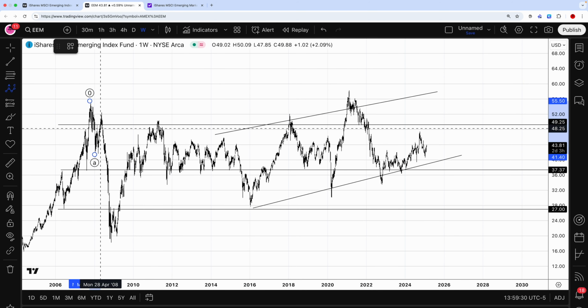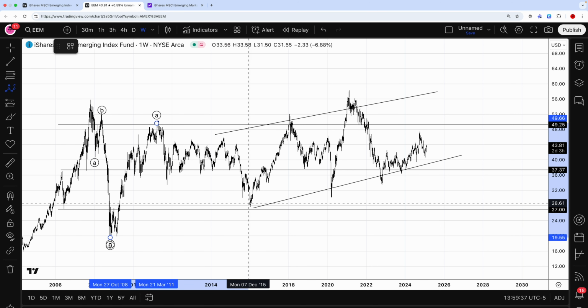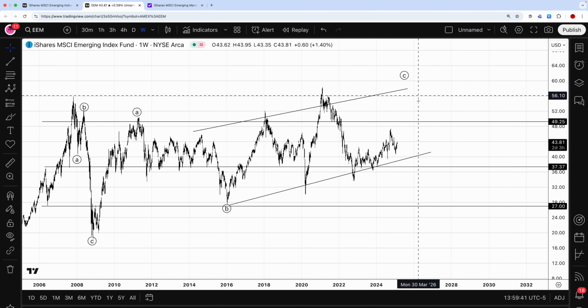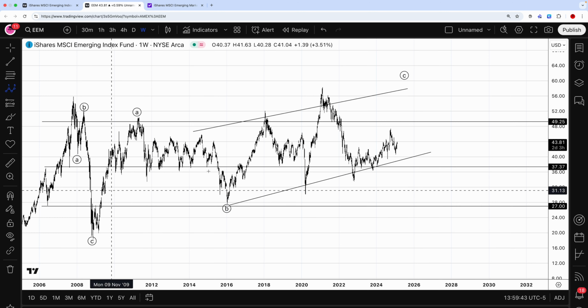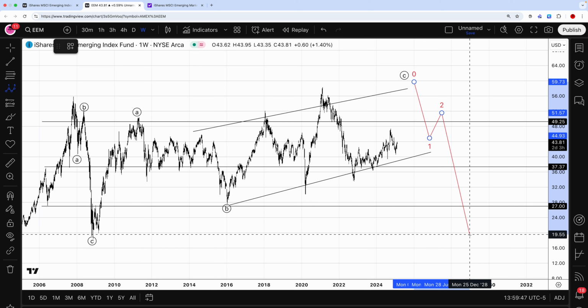So what we have over here is our ABC correction to the downside. We have our A, B, C to the upside, and then it's likely we're going to have a 5-wave move down. And I think it's going to be almost like a slingshot type of a move.